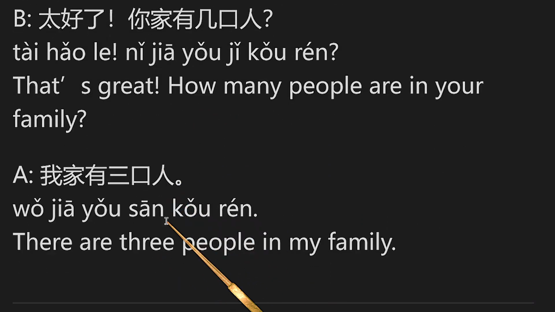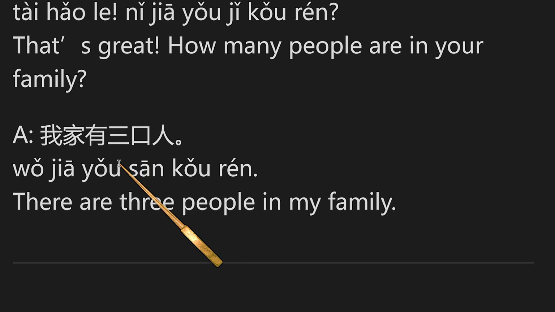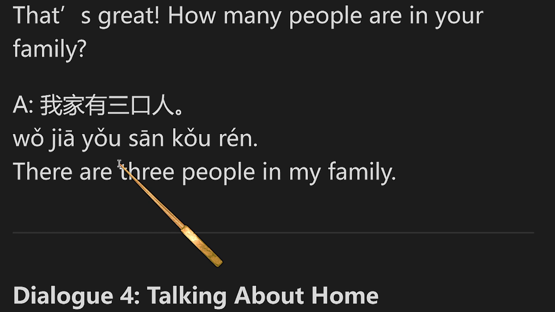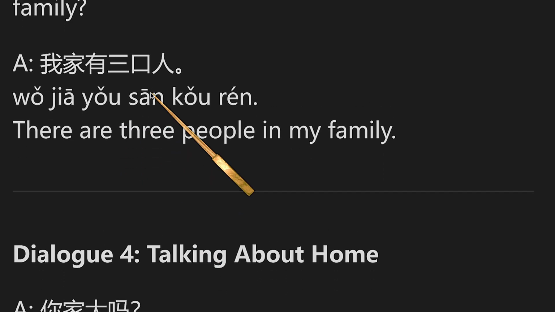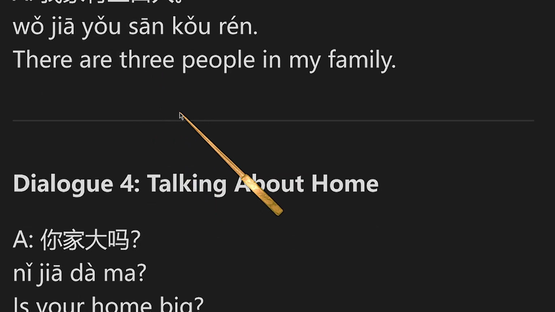There are 3 people in my family. 我家有3口人。We need to emphasize 家 for the first one and 人 for the second one. But for the third one, it's between the fifth tone and the fourth tone, so it's just in the middle. When you speak fast, it's also just like that.